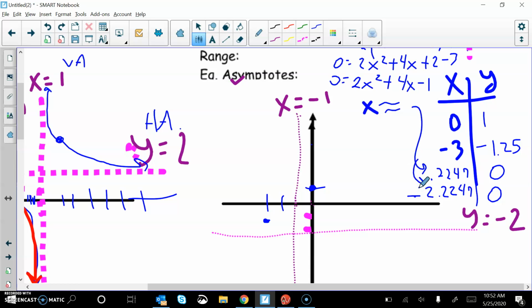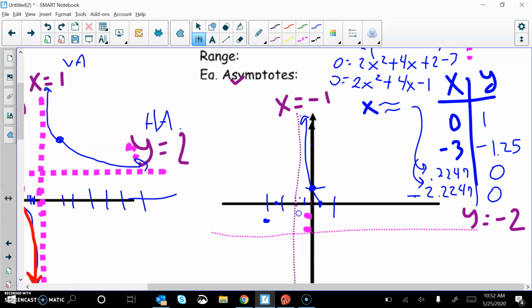Those right there. So when x is those 2 values, 0.2247, somewhere in there, and -2.2247, somewhere in there. So heck, we actually have everything we would require: asymptotes, holes, there were none, and intercepts. Let's go ahead and graph this one and be done with it.